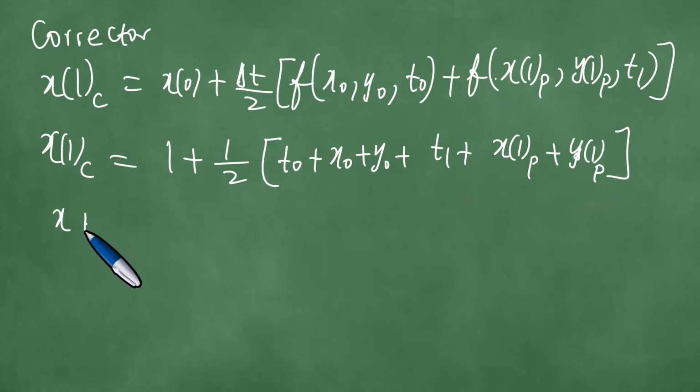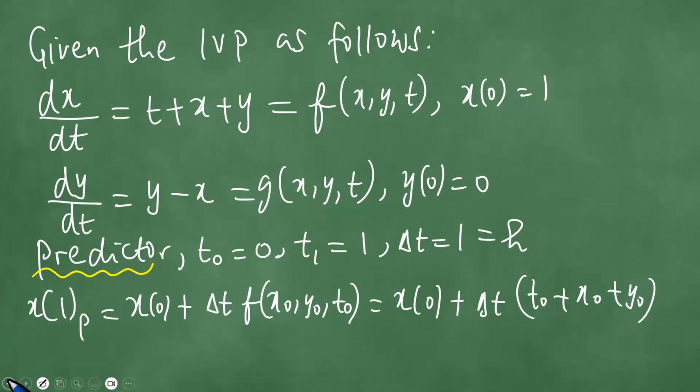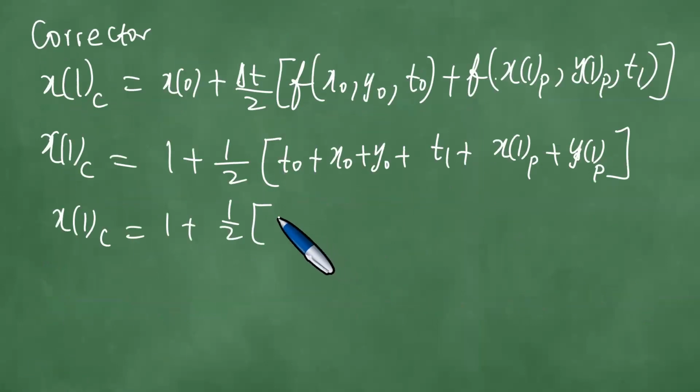Okay, let's do some substitutions here. 1 plus 1/2. What is t0? In both instances, t0 is 0, because it's the argument here, so it has to agree with each of the given pieces of information.